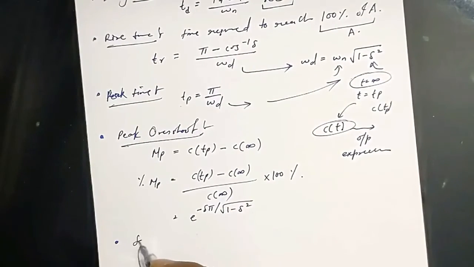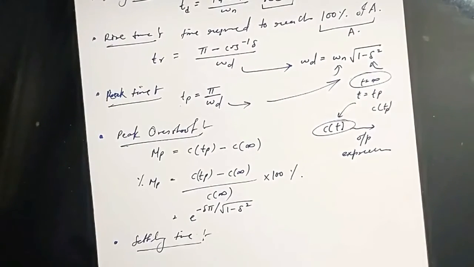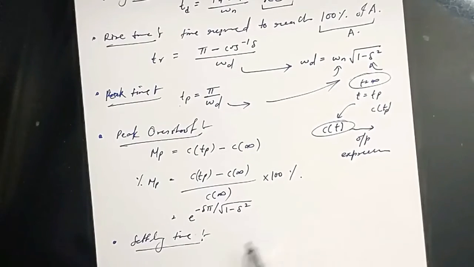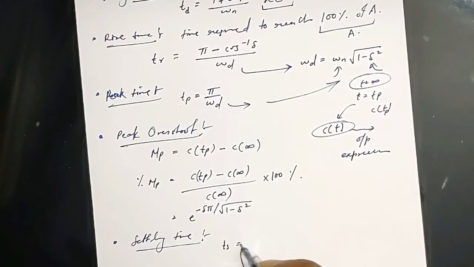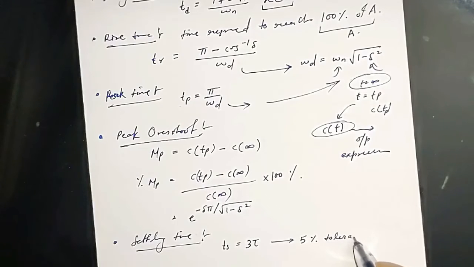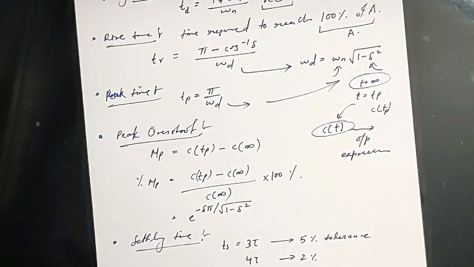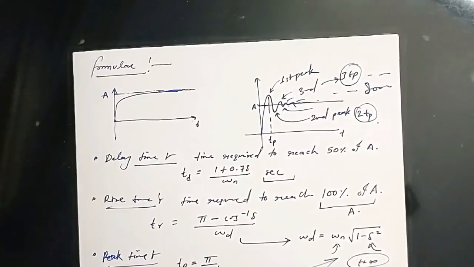Now the next and last formula is settling time. Settling time is 3 tau for 5% tolerance, it is 4 tau for 2% tolerance, and it is 5 tau for 0% tolerance.